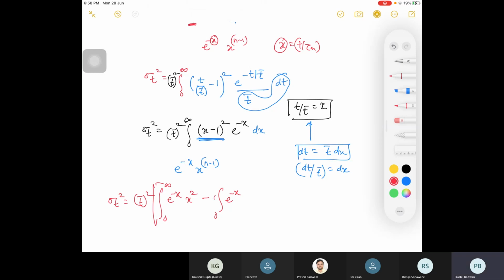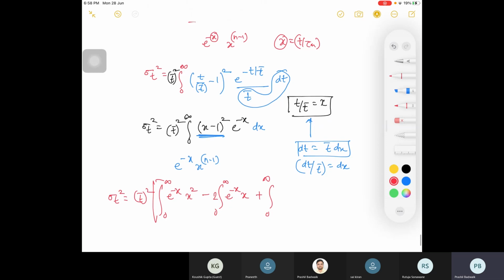So I'll write 2 here, and this is your x, plus 0 to infinity. Next term is your 1, so it is 1 into e power minus x, 0 to infinity. I hope you are getting this. I just expanded this: x square minus 2x plus 1.